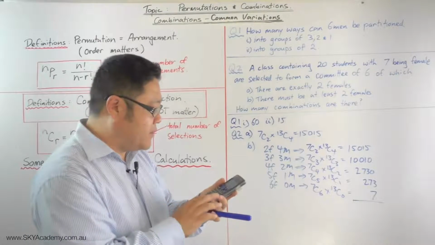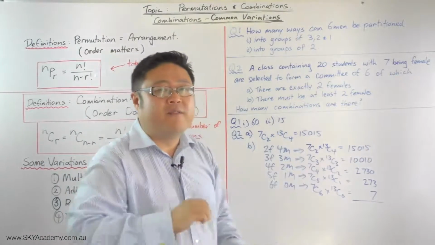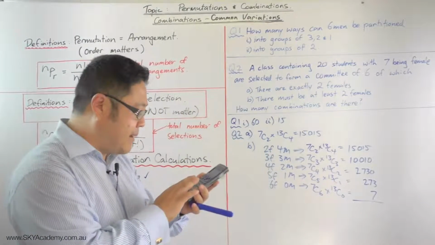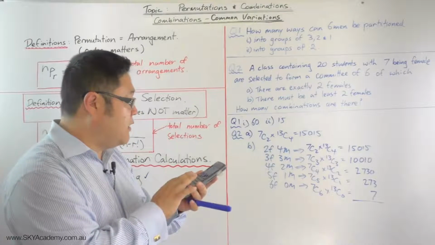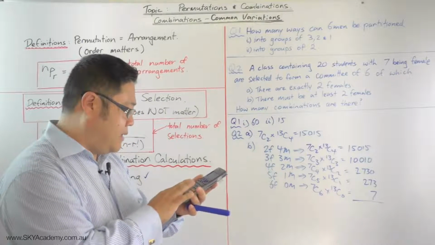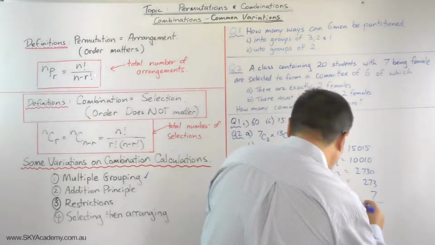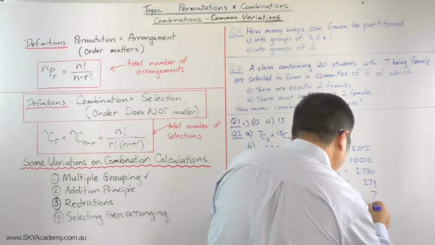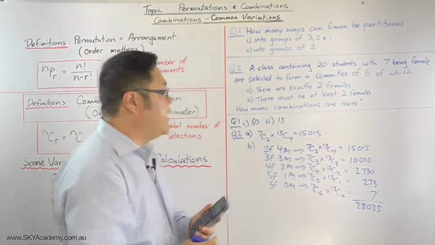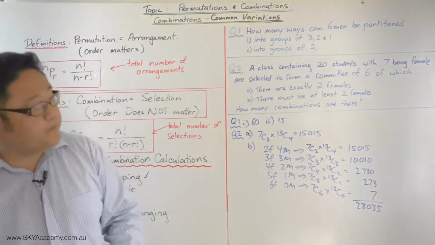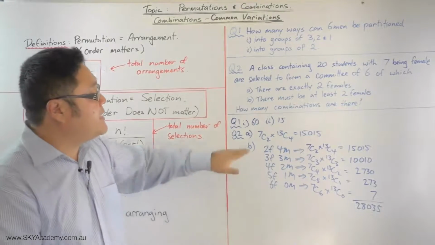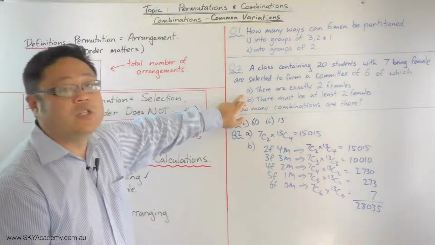Now all we have to do is add them all together, find the grand total sum of it all, and that will give us our answer. Our answer is 28035. So there you have it. That's how you do this question here.